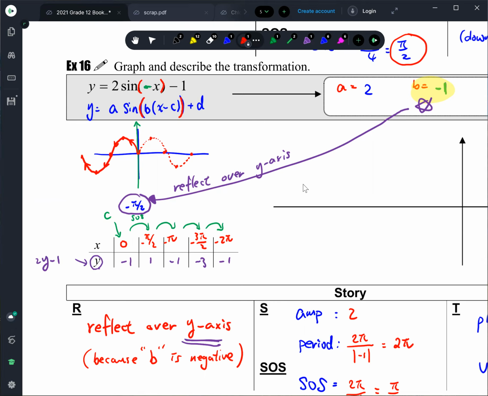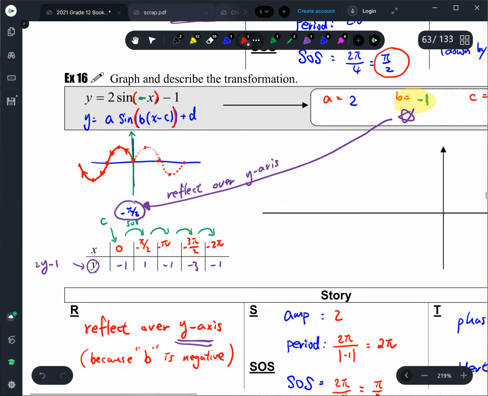Okay, so if we're heading to the left, that means we need to subtract instead of adding, because you are making the points get smaller and smaller going to the left. So you only need to do that if you get a reflection over the y-axis.